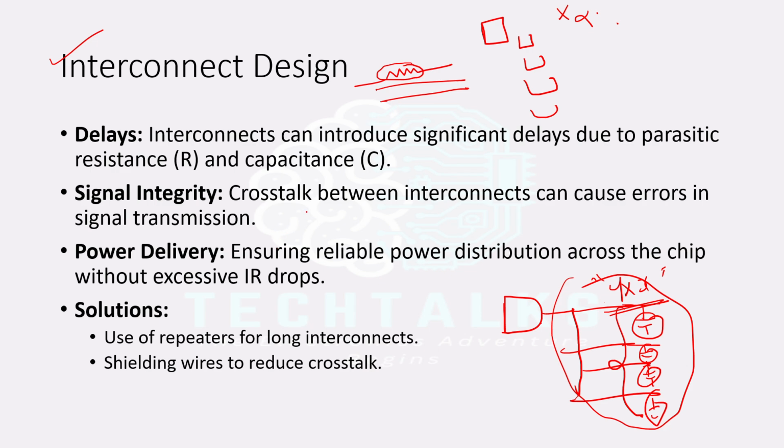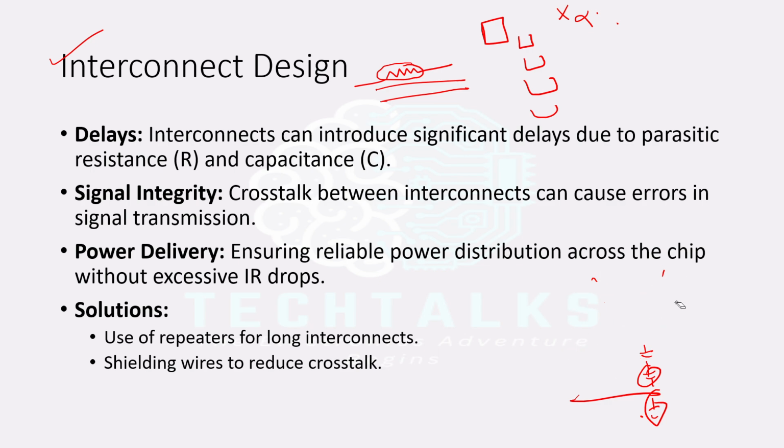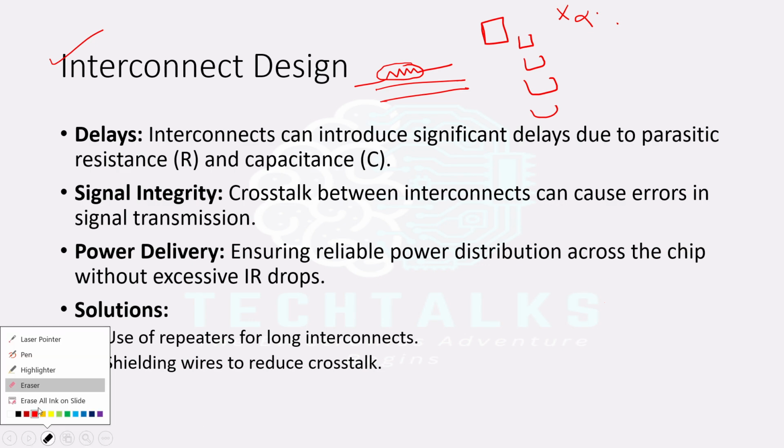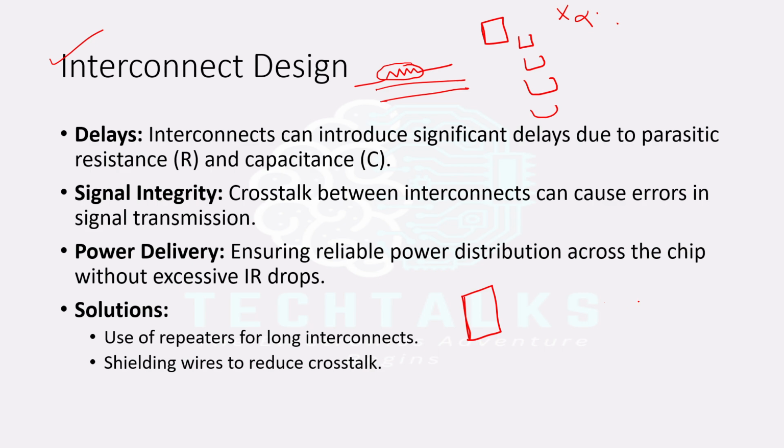And coming to power delivery, we must ensure reliable power distribution across the chip without excessive IR drops. IR drop is similar to I squared R losses. Whenever you are traveling across a chip through an interconnect, the interconnect will have a resistance R. Let us say here you have a device D1, and here you have D2.